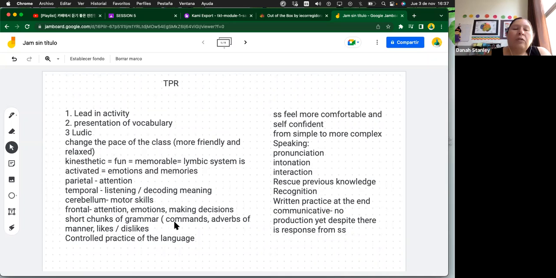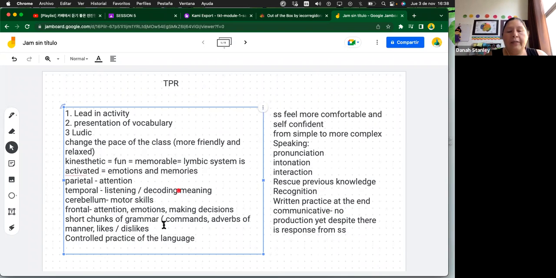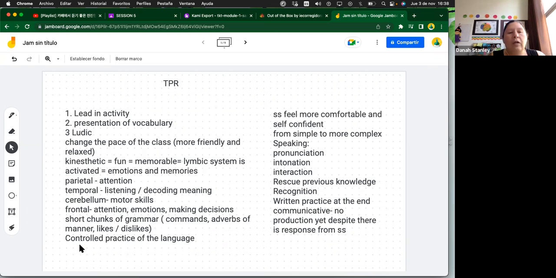In this case, she was working with commands, adverbs of manner, and she was making a kind of revision of likes and dislikes. We can infer that she taught likes and dislikes previously, because they seem to react when she mentions this. They are able to give their opinion.